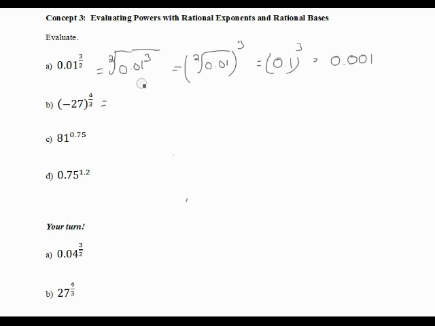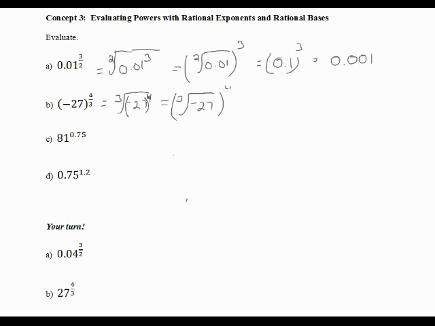Now, this negative 27 to the 4 over 3 is the cube root of negative 27 to the 4. Now we need brackets around that because the whole negative 27 is to the 4, not just the 27. Or this is the cube root of negative 27 to the 4.